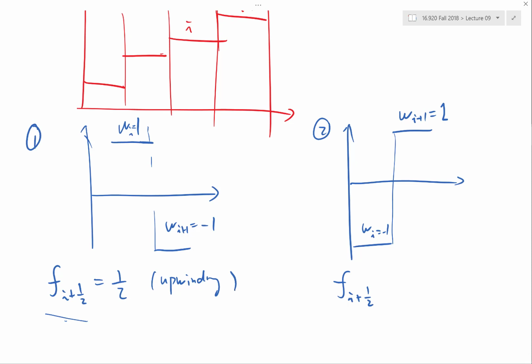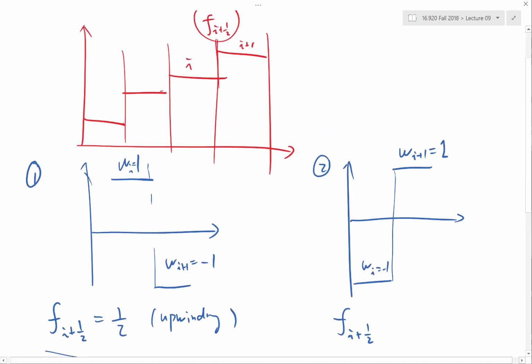Well, if you use the central scheme, by averaging the fluxes, what would you get? Also 1/2. The only place you would get 0 is if you use the central average for U and then take the flux, which we have shown to give extremely oscillatory solutions for this case. So the correct answer is actually half over here.